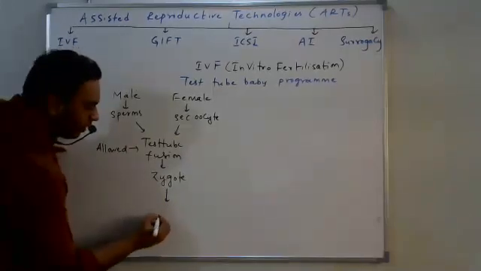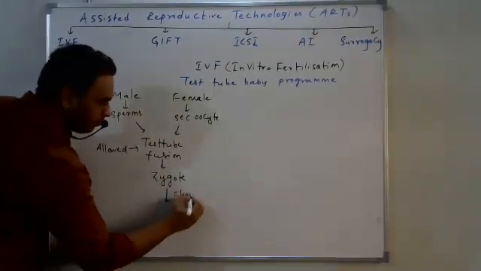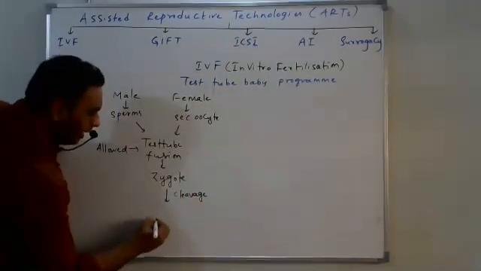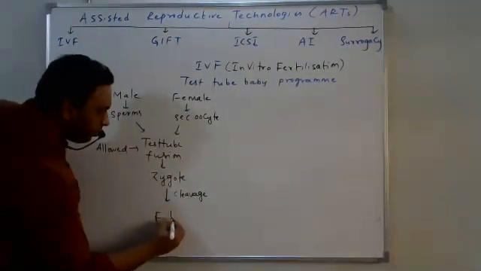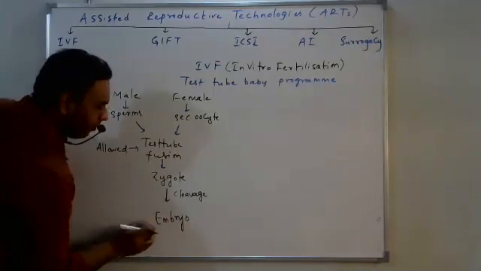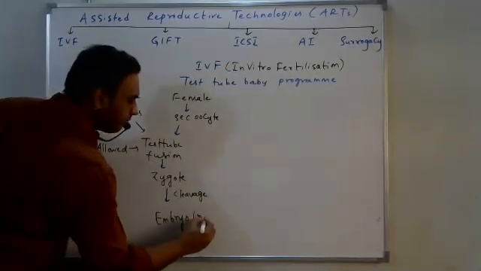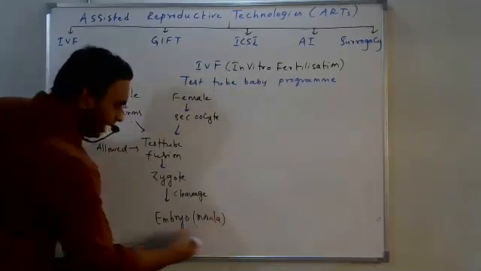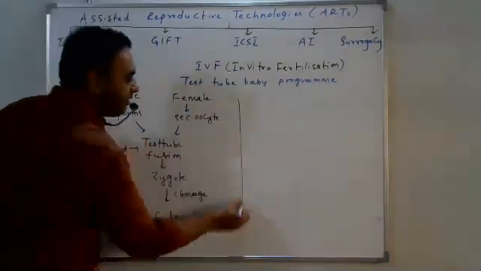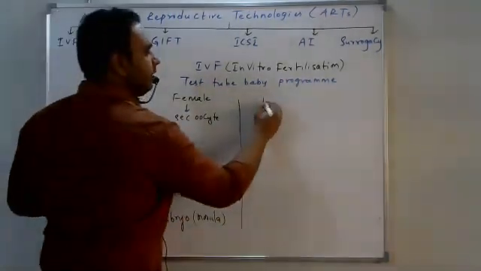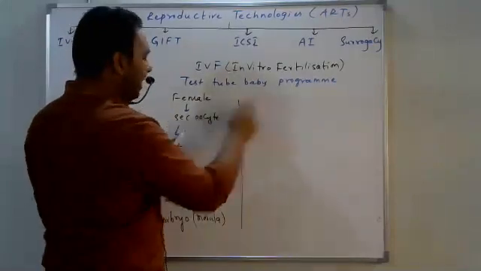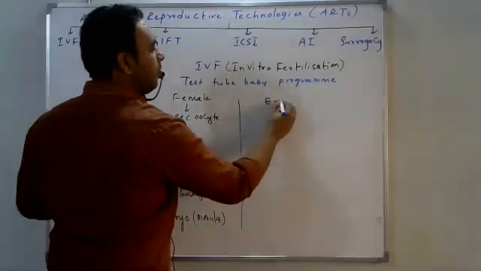We allow the zygote to undergo the cleavage process, and the embryo develops up to the morula stage. At the morula stage, we collect this embryo, and then the embryo is transferred. That is called embryo transfer.